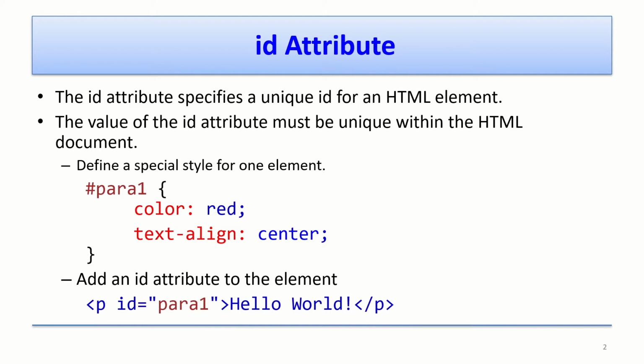Then we can set the ID name; here the name is para1. In the style, the ID starts with the hash symbol, but the name is para1. The hash specifies that this is an ID. Then id equals para1, and these CSS properties are applied to this particular paragraph.